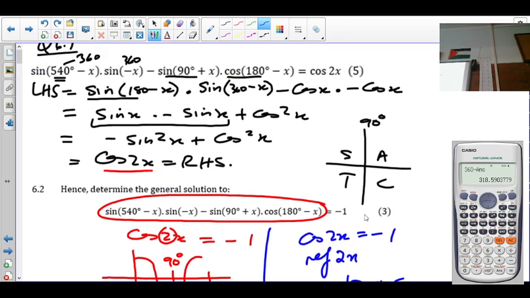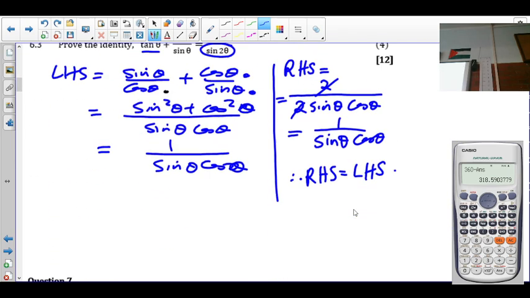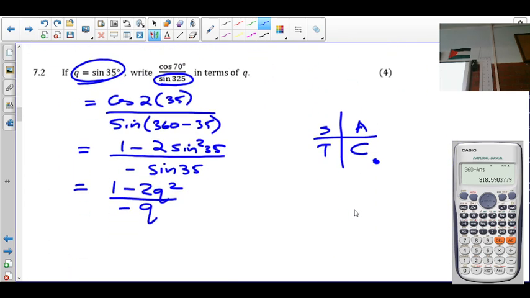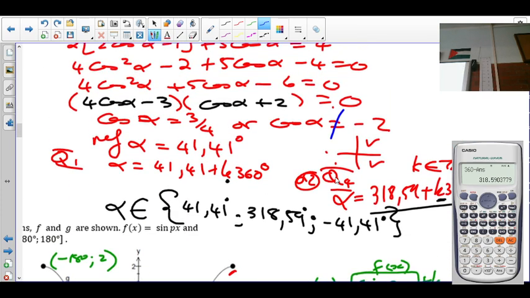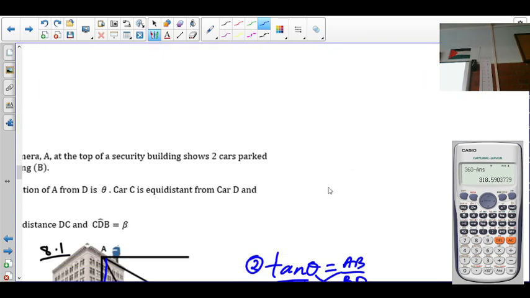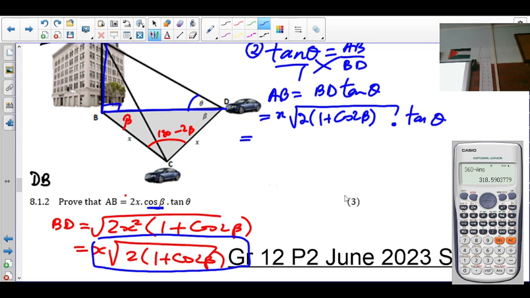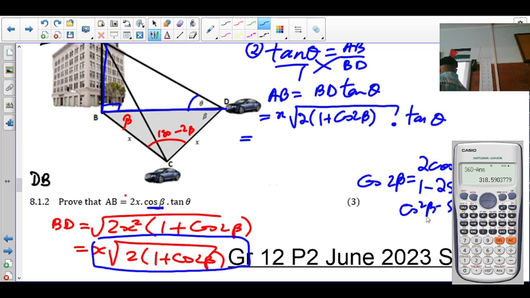Because it's cos of the double angle, it's going to be either 2 cos squared beta minus 1, 1 minus 2 sine squared beta, or cos squared beta minus sine squared beta. Because there's a cos there, I'm going to choose the one dealing with cos, which is the first one.